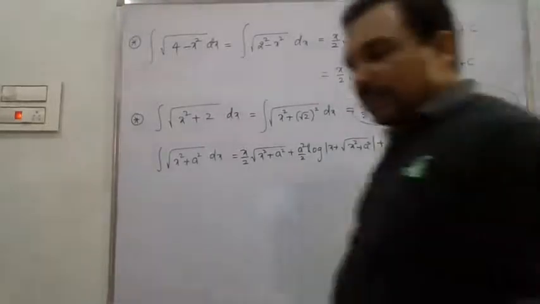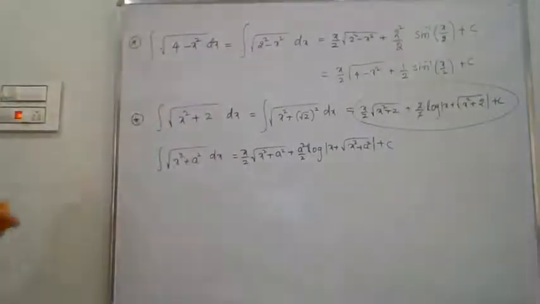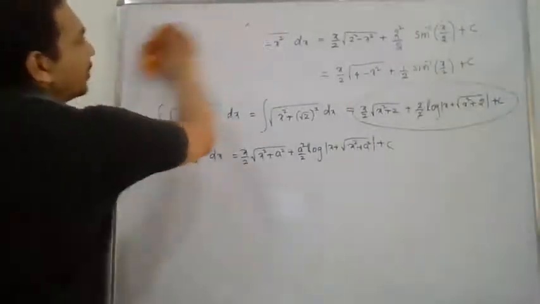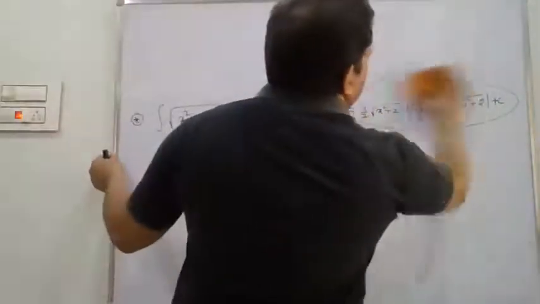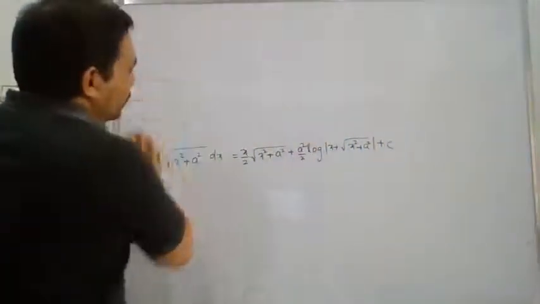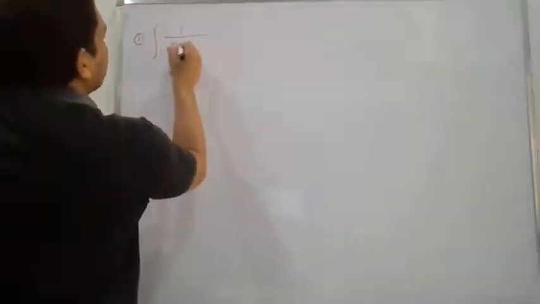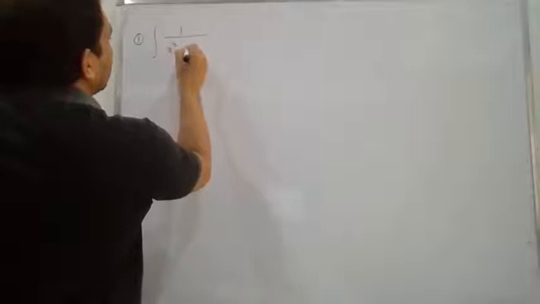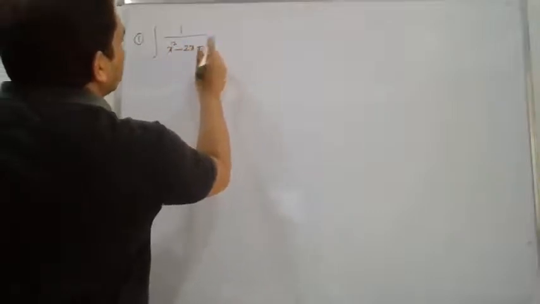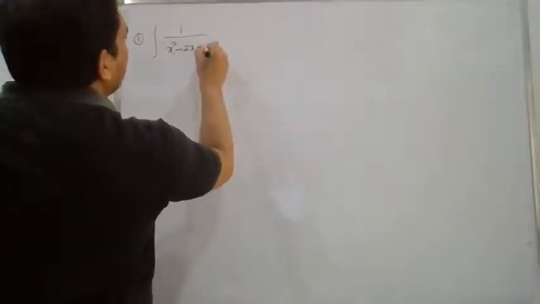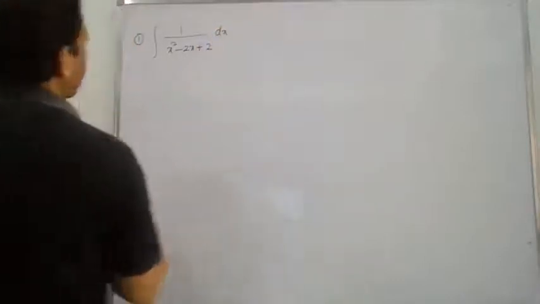Clear to all? Next. If a question is given as a quadratic equation, then how to solve? Maybe in the numerator or in the denominator. For example, number 1. Integration of 1 by x square minus 2x plus 2 dx. This is the question.